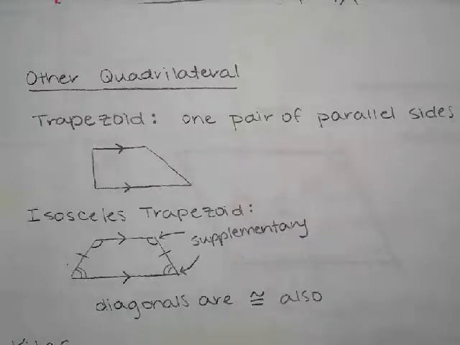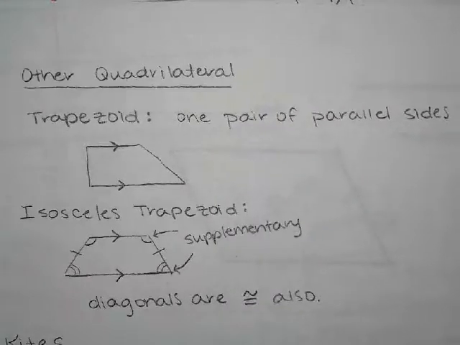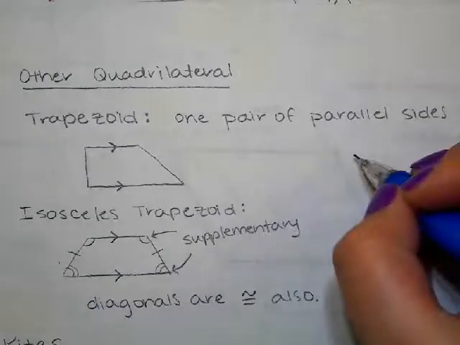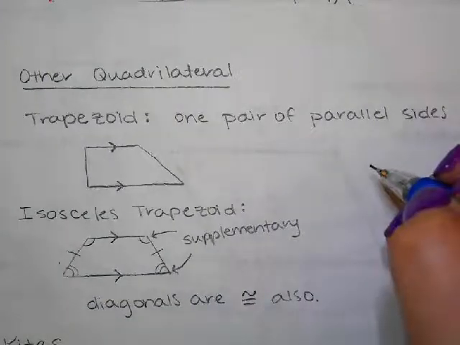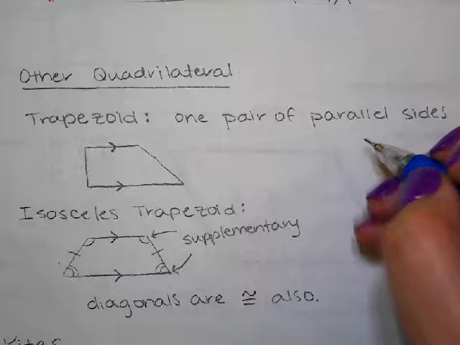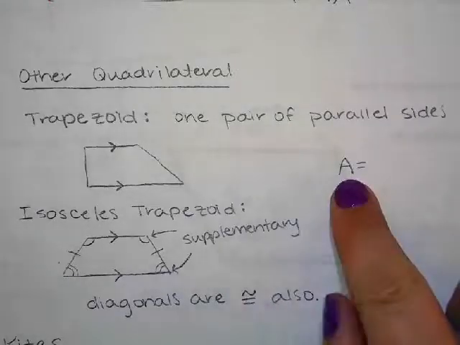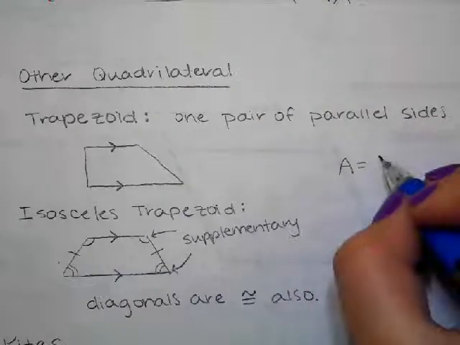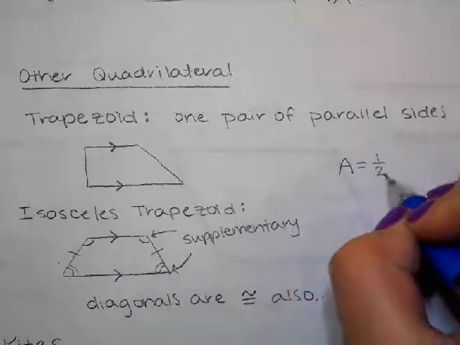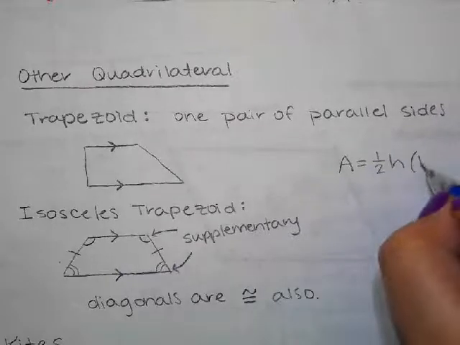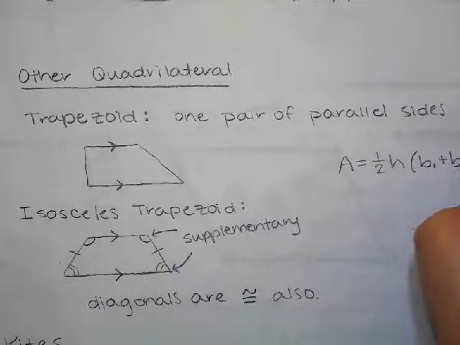Okay, so I'm just going to remind you guys of one of the formulas that we learned. I reminded you of it last unit, but you might have forgotten: the area of a trapezoid is 1/2 multiplied by the height times base 1 plus base 2. If I were to define the base, this would be the height right there.